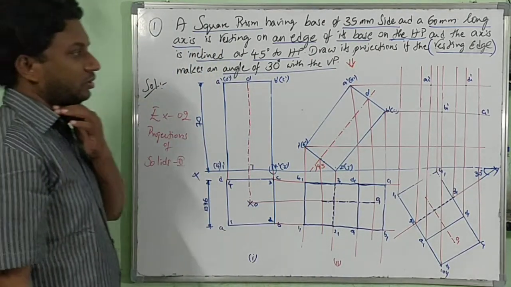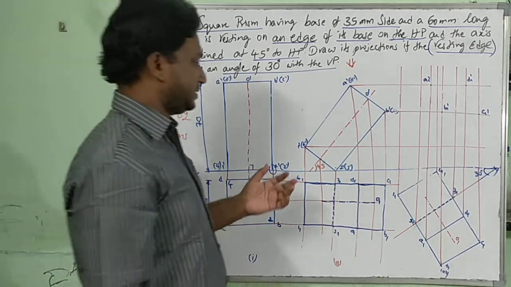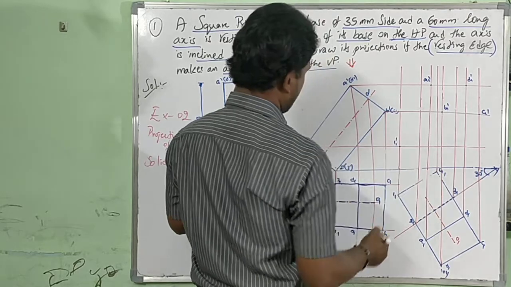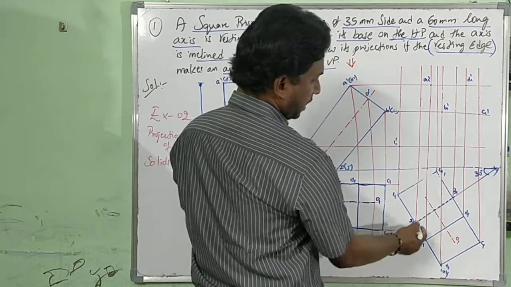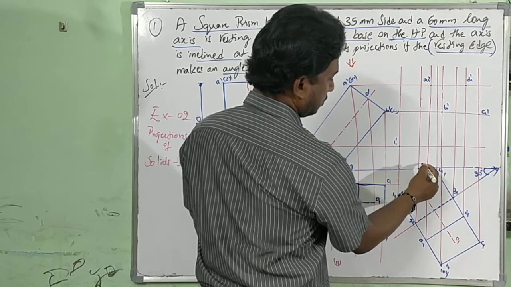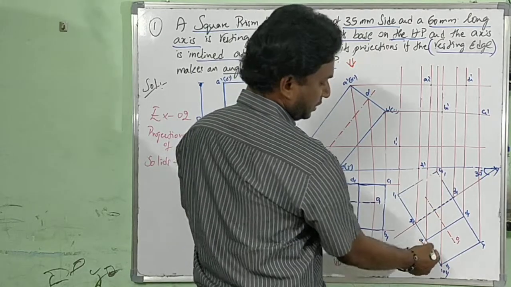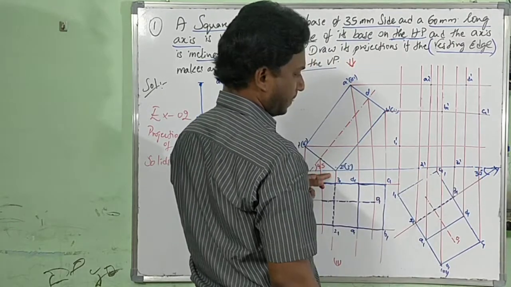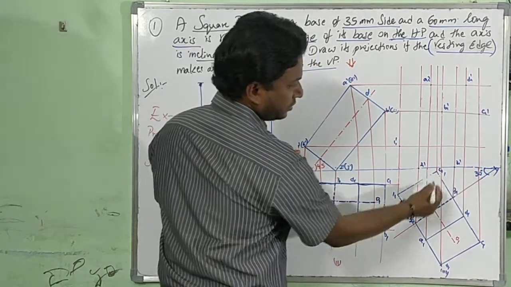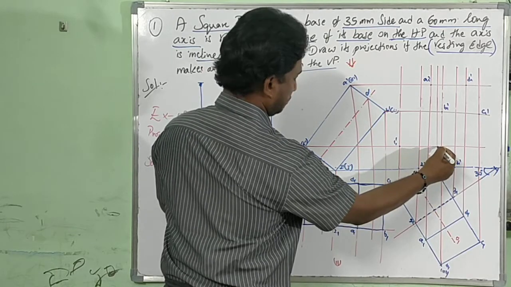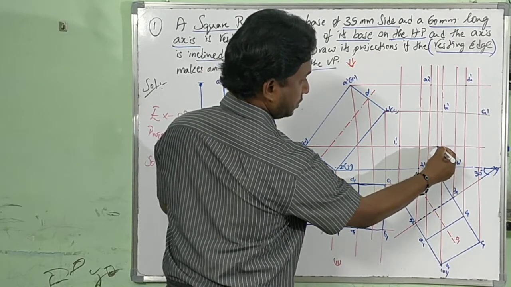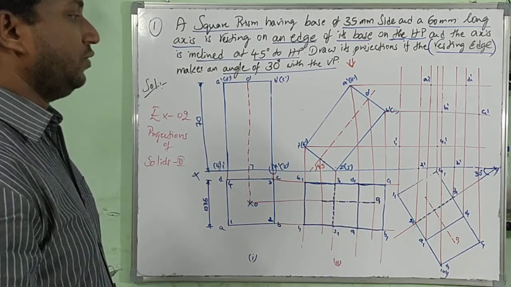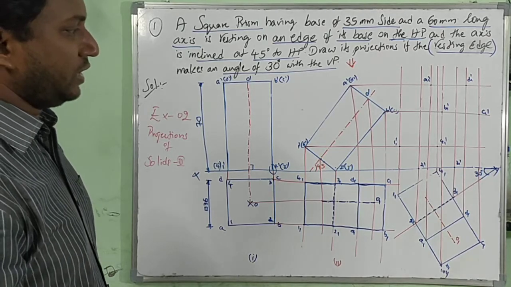Now let me plot the other base. 1 dash, 1 1, 1 1 dash, 2 dash, 2 1, 2 1 dash, 3 dash, 3 1, 3 1 dash, 4 dash, 4 1, 4 1 dash, 1 1 dash, 2 1 dash, 3 1 dash, 4 1 dash.